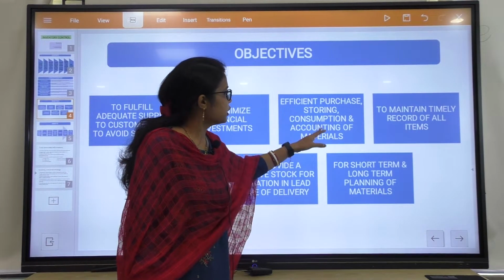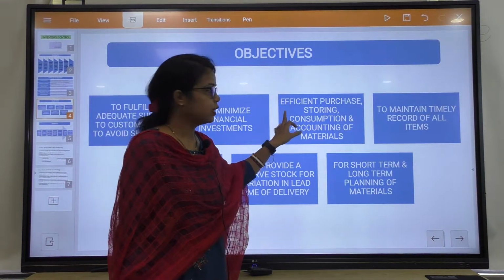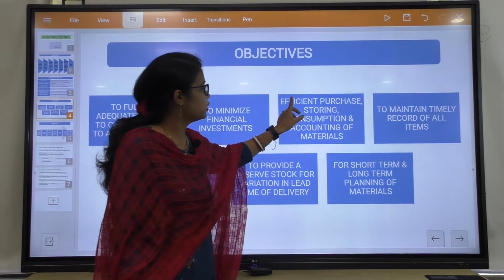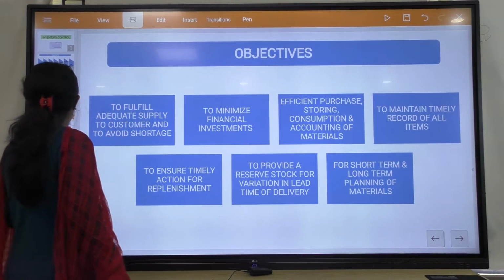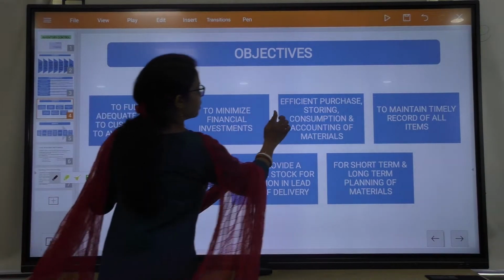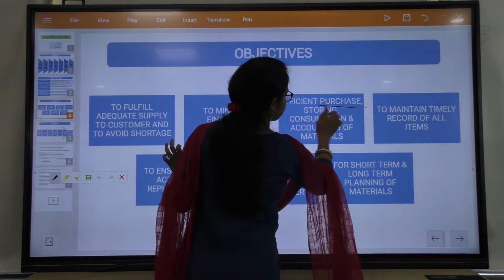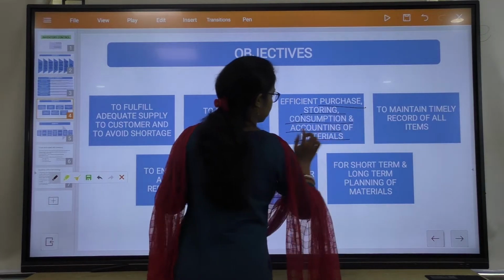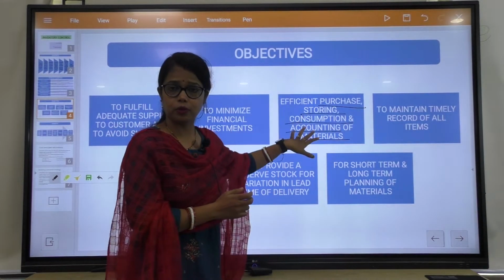Then efficient purchase, storing, consumption and accounting of the material. It is the most important. The points I am telling you are efficient purchase, storing, consumption and accounting of material. These terms are important.